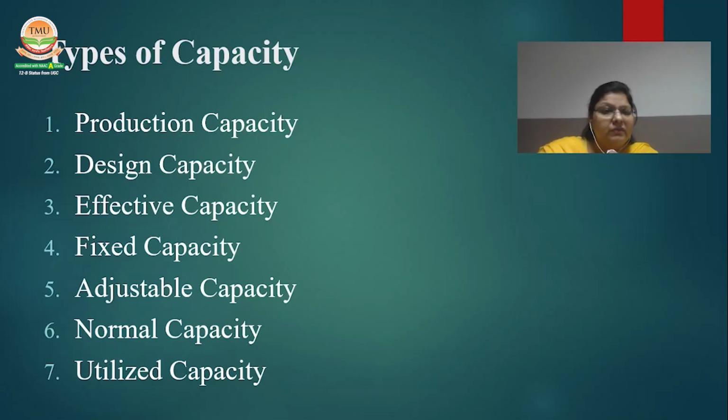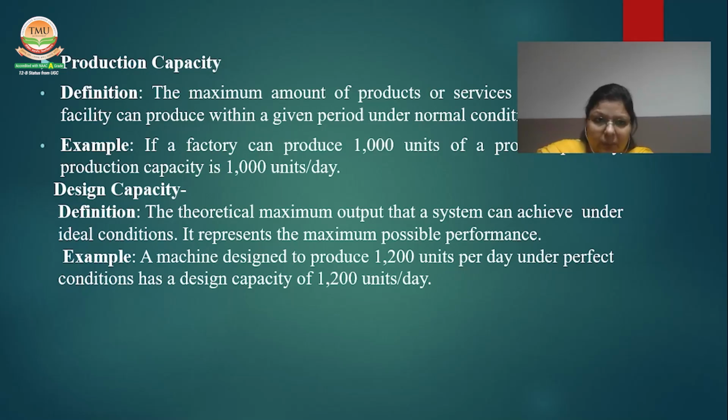Now first of all we will discuss what is production capacity. Production capacity is the maximum amount of product or services that a production facility can produce within a given period under normal condition. It means that as per planning, have you achieved your production goals?